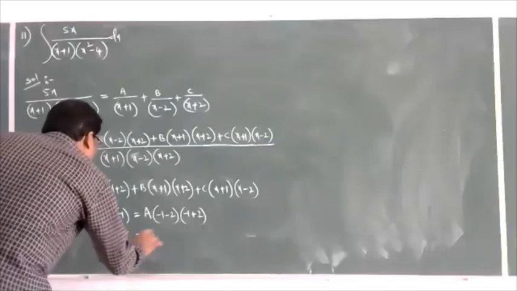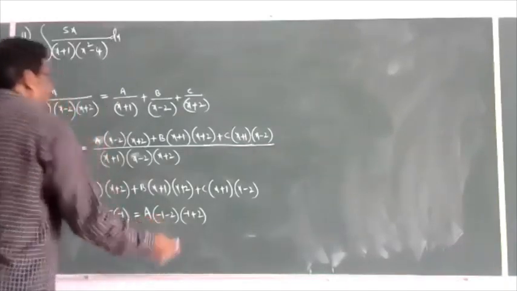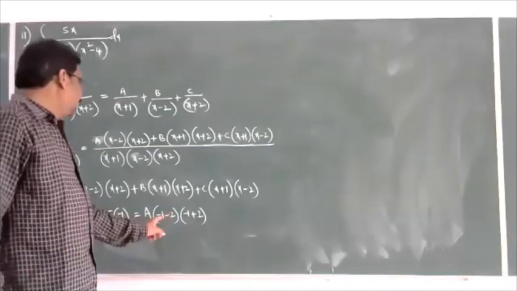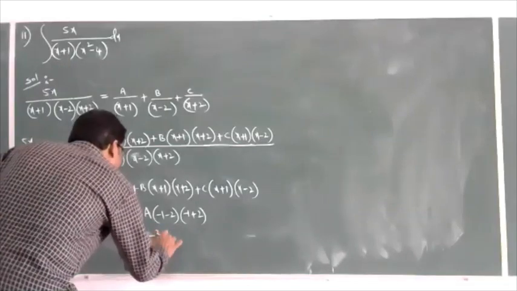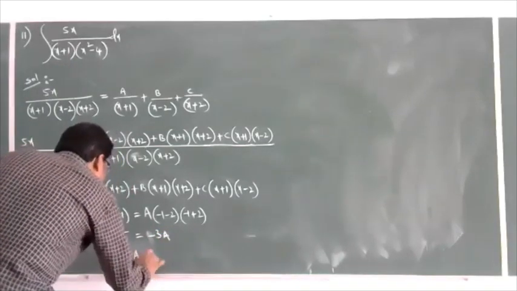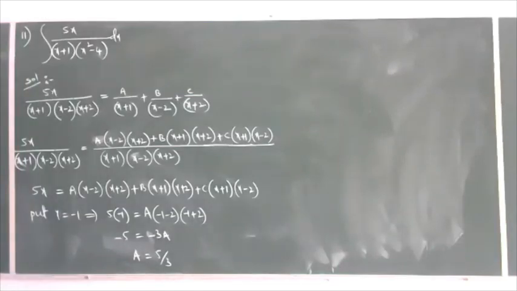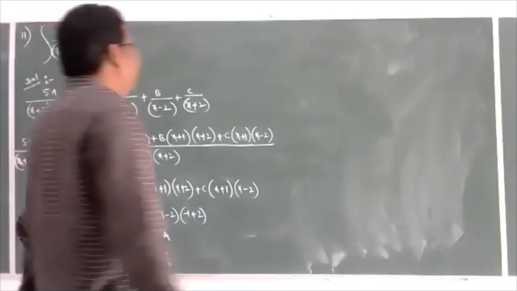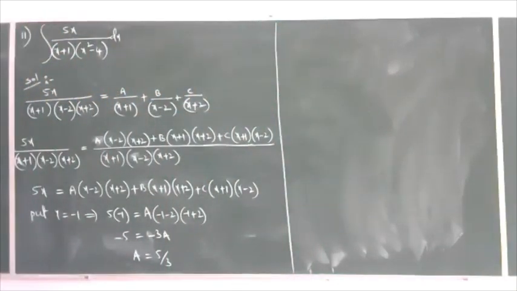That is minus 5 is equal to A into minus 3 into plus 1, that is minus 3A. That is A is equal to 5 by 3.